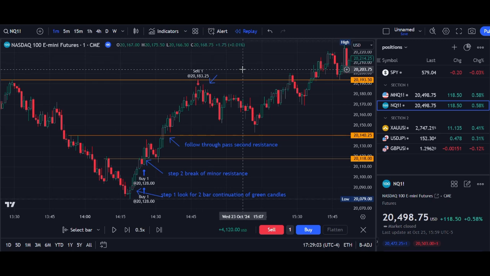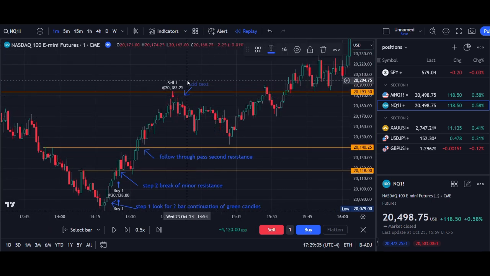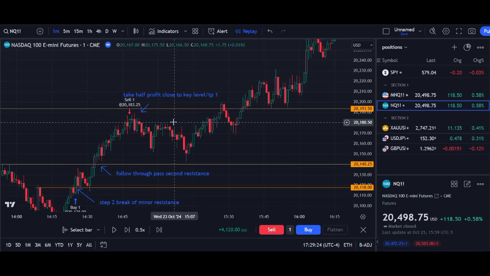Step 4, take half profit close to key level slash TP one. That's for take profit spot 1, right?